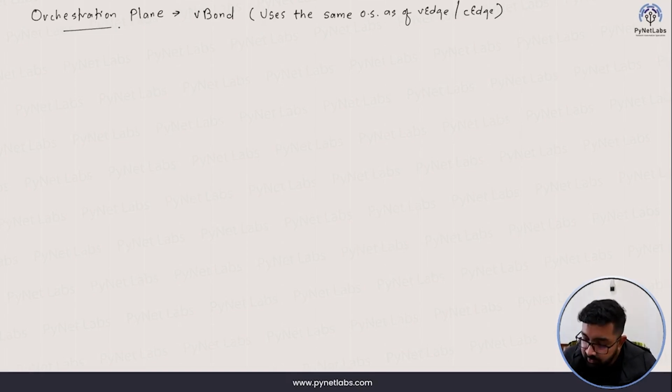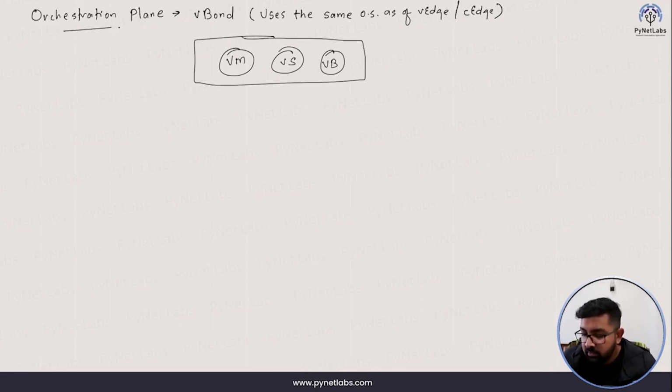So we have a set of SD-WAN controllers where we have a vManager, then we have a vSmart, and we also have a vBond, and I will call it the SD-WAN controllers.